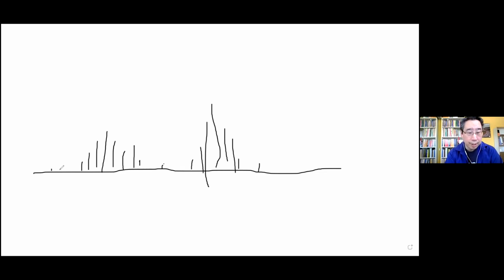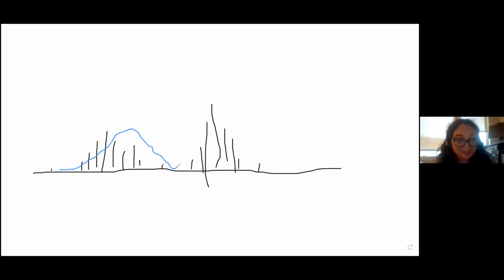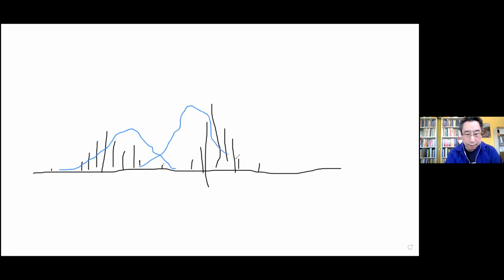So let's say my current guess looks like this. I'm off by a little bit. And I've got another guess, and they can overlap, and it's off by a little bit. So EM in its next step is going to push this mean to the left because it'll fit better, and it'll push this mean to the right.